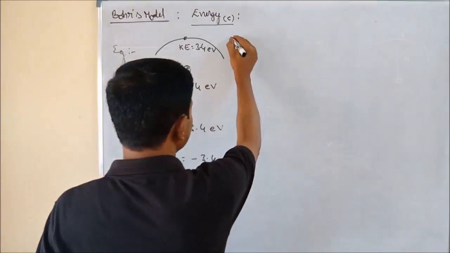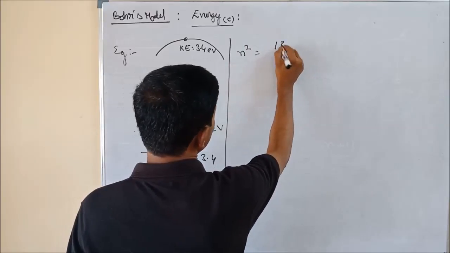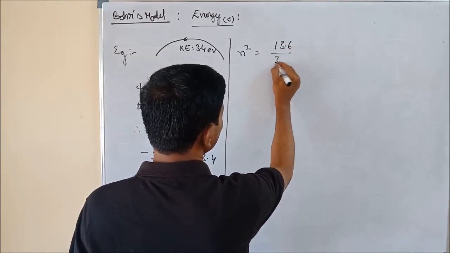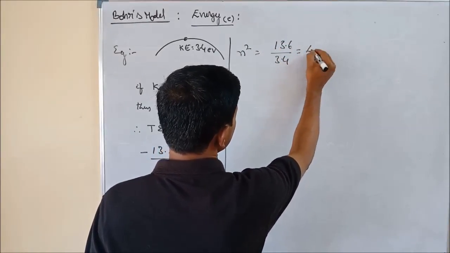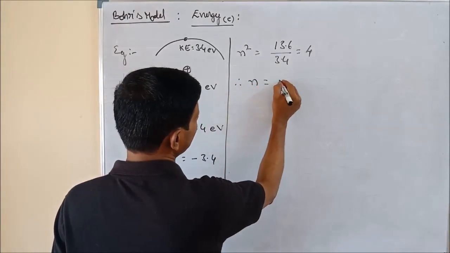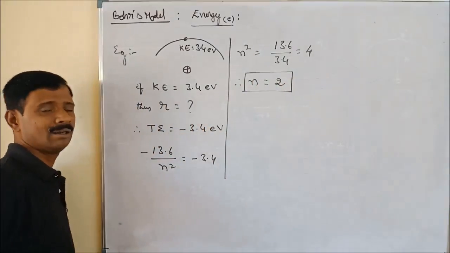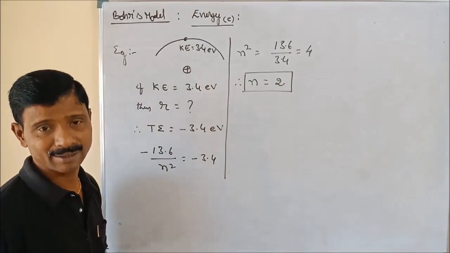So as per this, n square equal to 13.6 by 3.4. That means 4. n square equal to 4. Therefore, n equal to 2. That means that electron is present in second orbit of hydrogen atom.